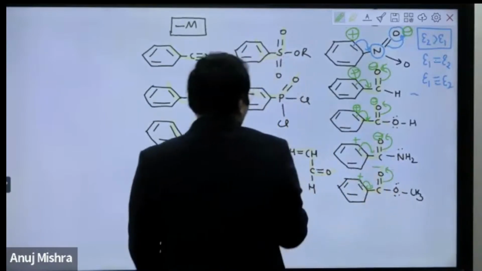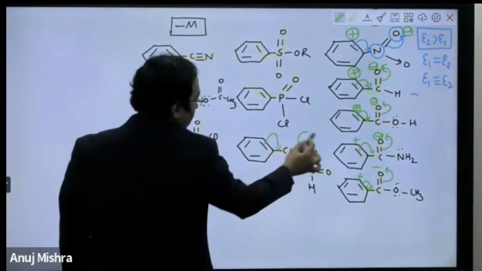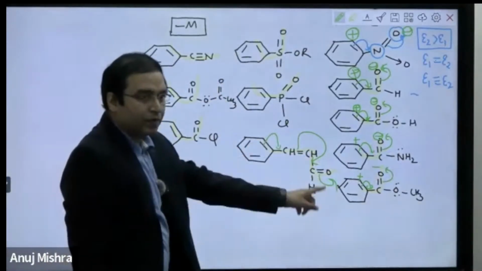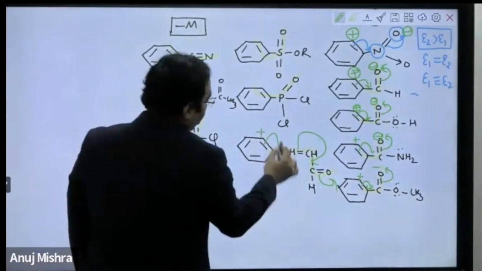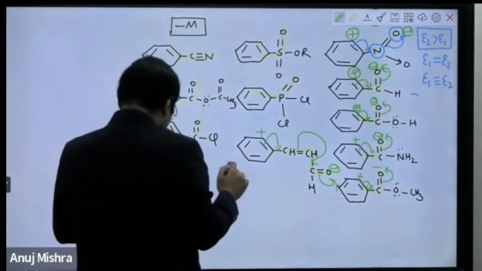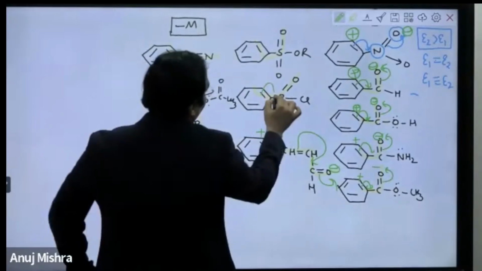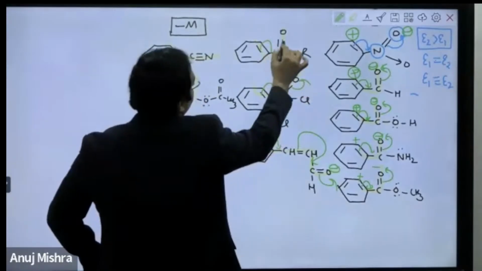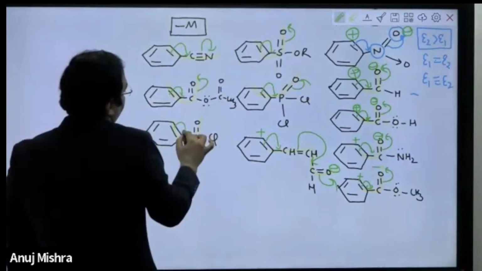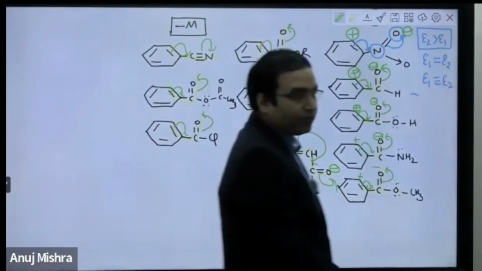Negative, positive. This pulls, and this pulls. Check please, the whole chain is formed. Alternate double bonds: this becomes positive and this becomes negative. Similarly, this pulls, this negative. Pulls, negative, negative, negative, negative. Kar loge?